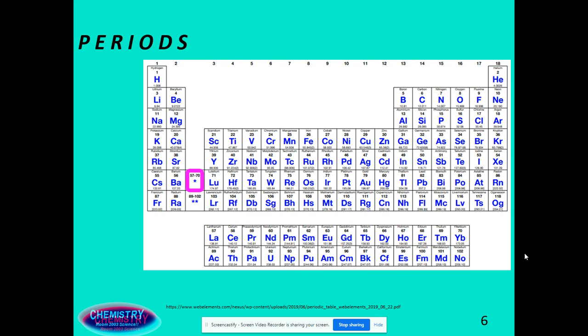If you glance up here in the gap, you'll see where 57 through 70 fit. So they fall within period 6, and 89 through 102 fall within period 7. So periods run horizontally, the long dimension of the table, left to right, and they are the first part of the coordinate system for the periodic table.